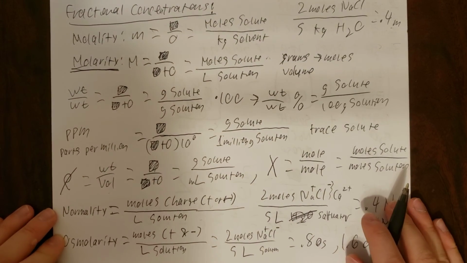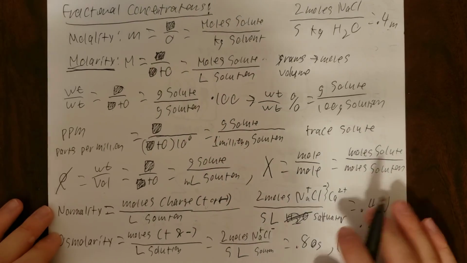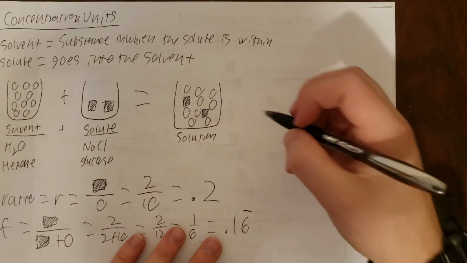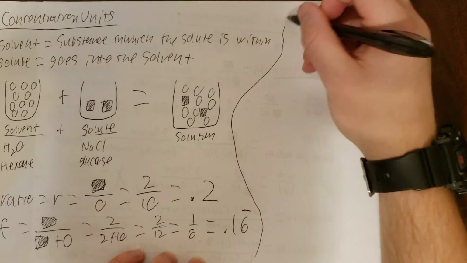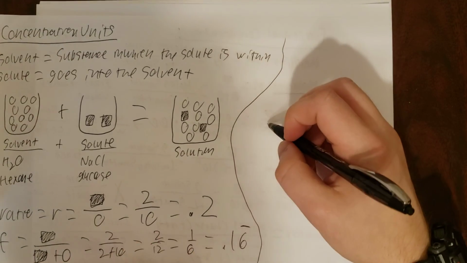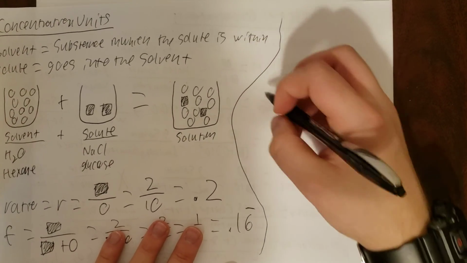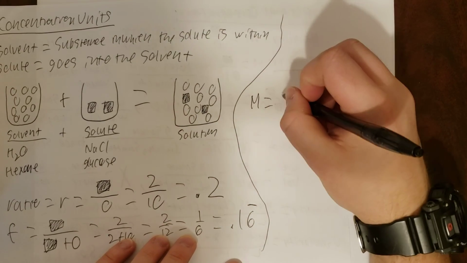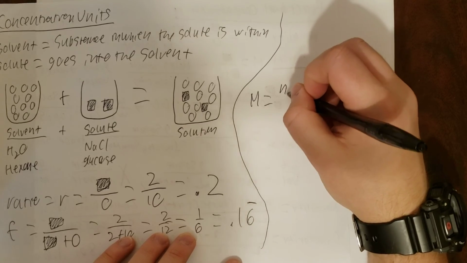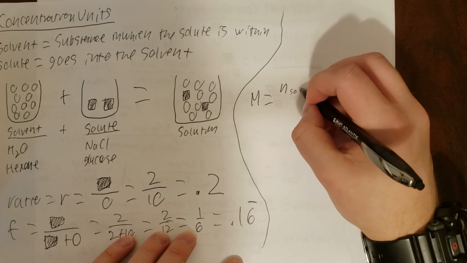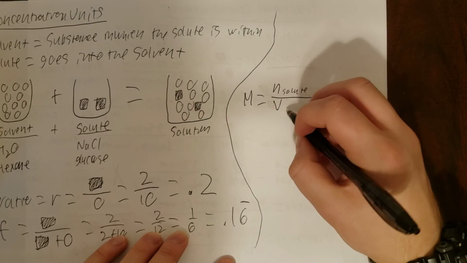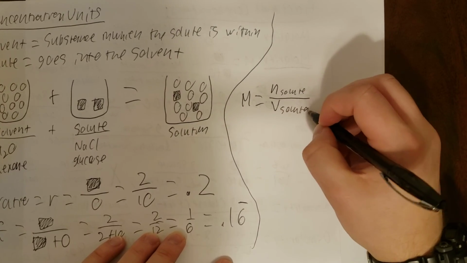So, one last thing I want to go over, and I'll bring it back over to this page for a second. One really important equation to remember is that molarity is equal to n, which we'll say is the number of moles of the solute, per V, for volume of the solution.